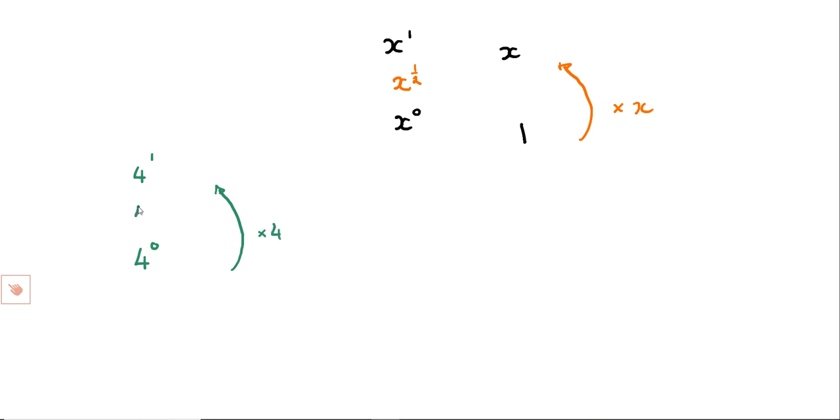So if I wanted to do 4 to the power of a half, remember, what I'm doing is trying to find something to multiply by, then multiply by something again, which gives me the same as multiplying by 4, which is 2. 2 and 2.